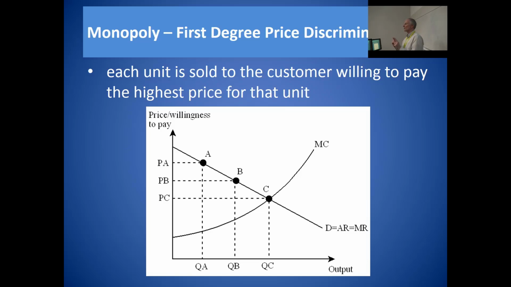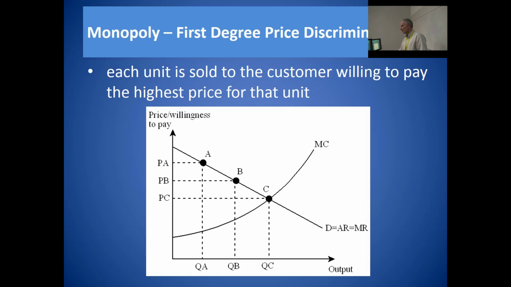What the monopolist knows, for example, is that for that particular unit there, QA, there's someone out there who's willing to pay a price of PA for that particular unit QA. That's what we read off from the demand curve. And it's that price of PA that that particular unit is sold for. The customer values that unit at a price of PA, and that is the exact price that he pays.